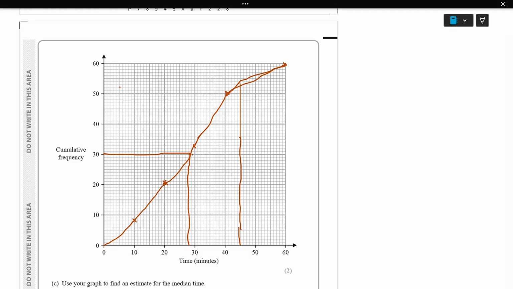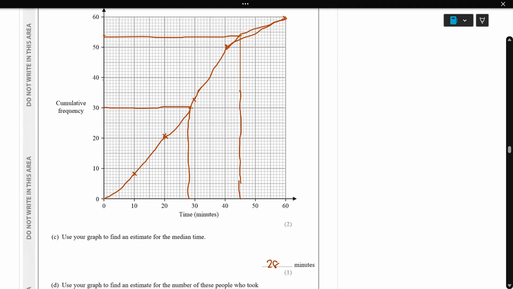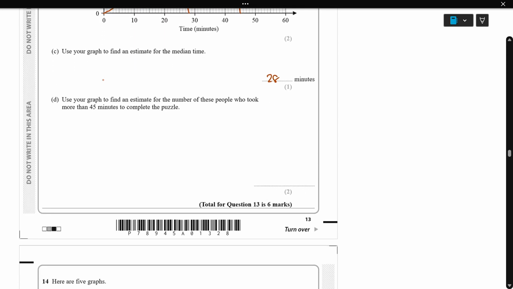Okay, so now we need to draw here. So up 5 plus 1, 6, 7. So you will get a range of answers, 5, 6 or 7. Right now I got 7. So 5, 6, 7 are all correct answers. So, 7 people.